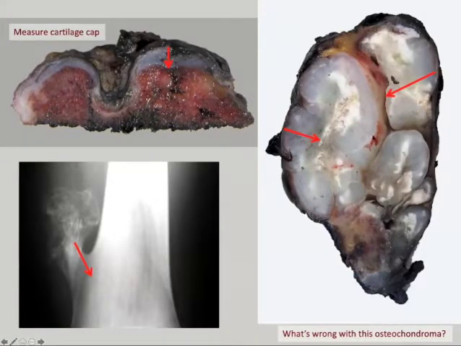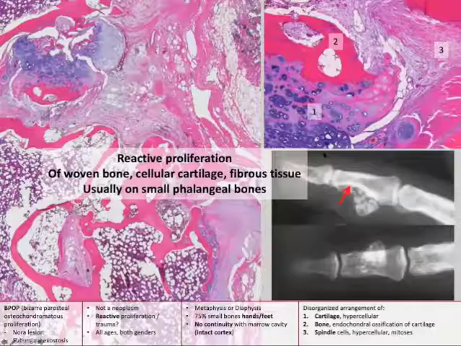The secondary chondrosarcomatous transformation is now an exophytic, exuberant proliferation of cartilage, cauliflower-like, rather than just this nice thin little cartilaginous cap, right? So always measure the thickness of that cartilaginous cap, because that's what the clinicians are going to worry about. This image on the right is chondrosarc.